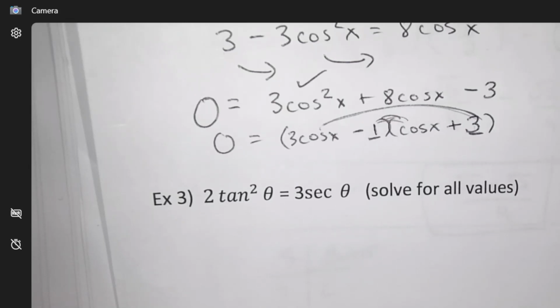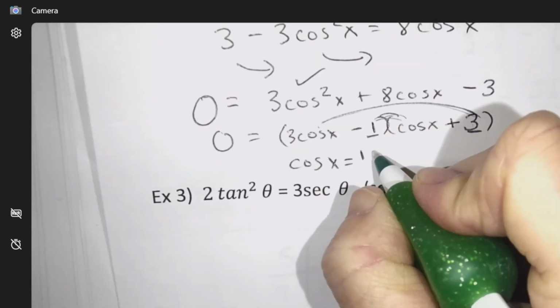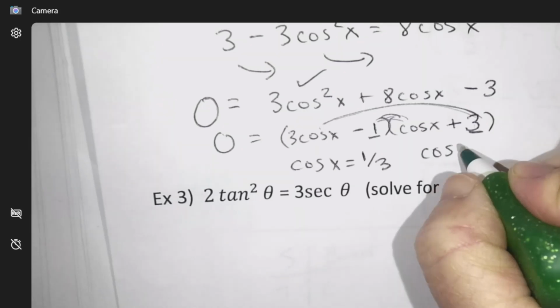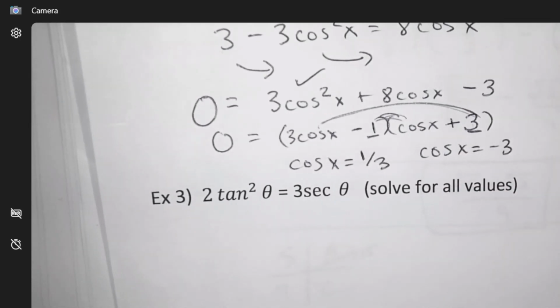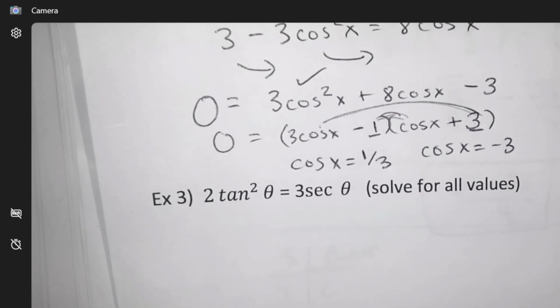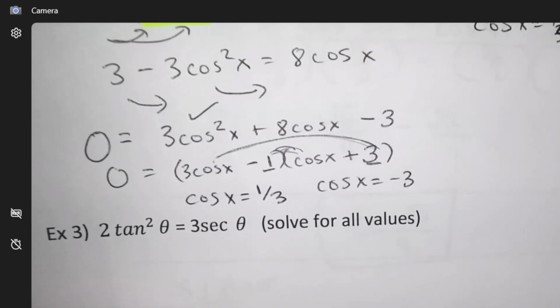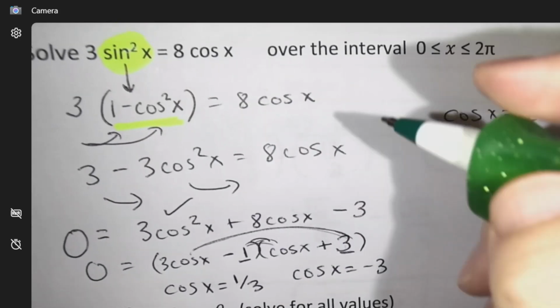Do that more often, because you shouldn't be making mistakes factoring, because you can always FOIL it to check. Okay, boom, we got our trig values.